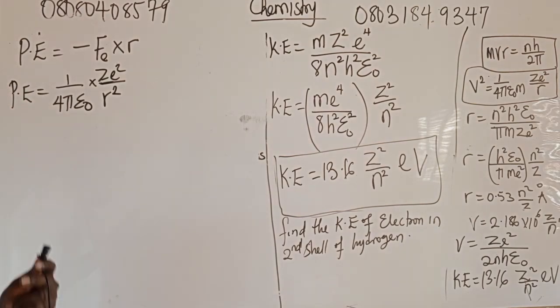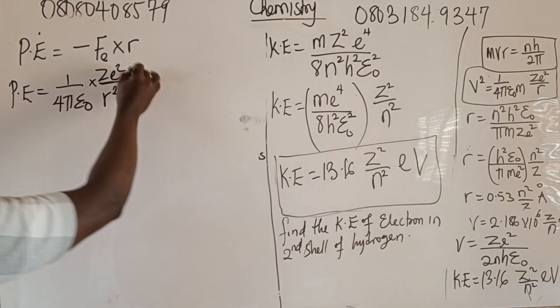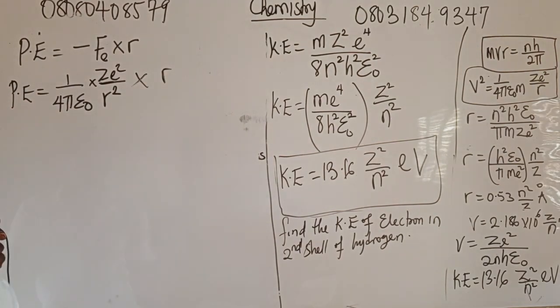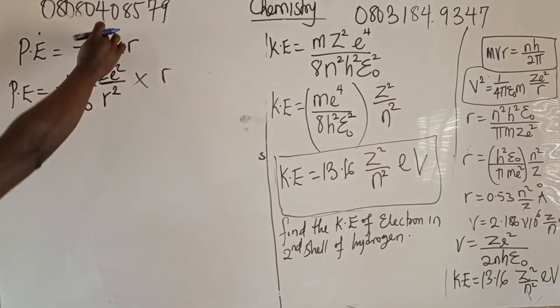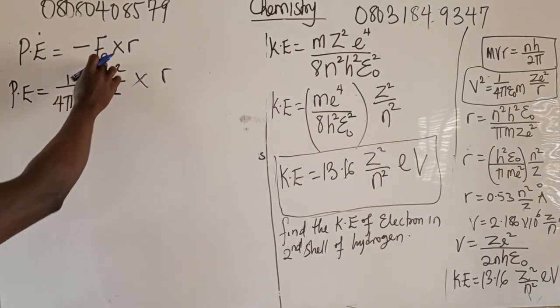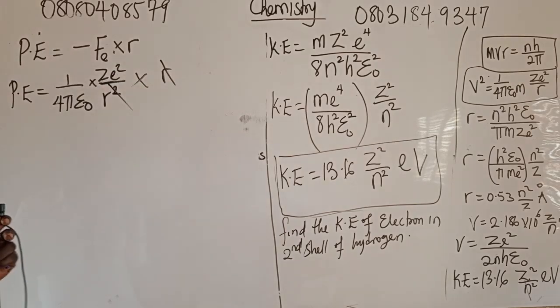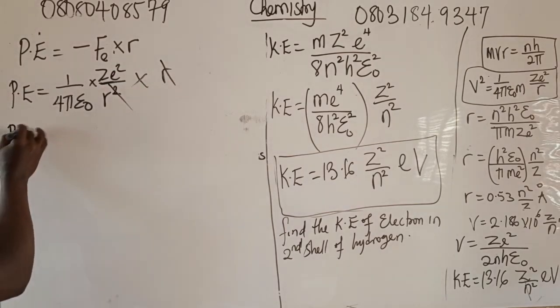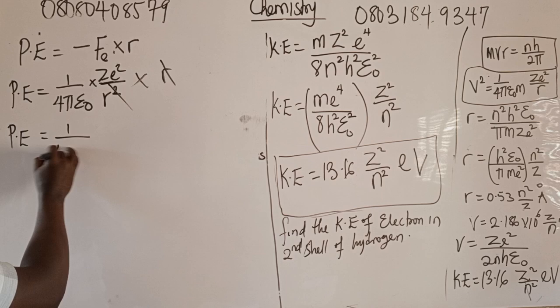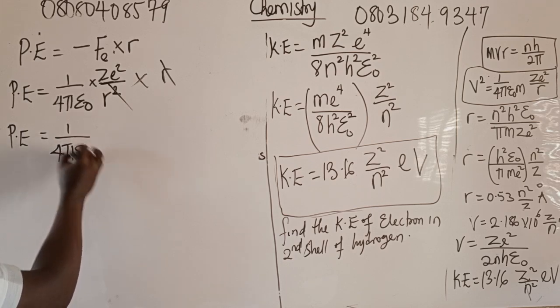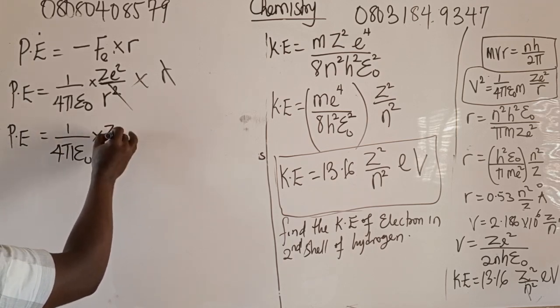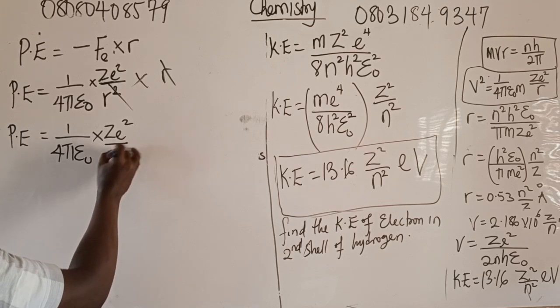Okay, let's move from here. Then times r. Don't forget, this electrostatic force is times this r. What happened? One r cancels the other r, and we have potential energy equal to 1 over 4 pi epsilon naught times Z e square over r.